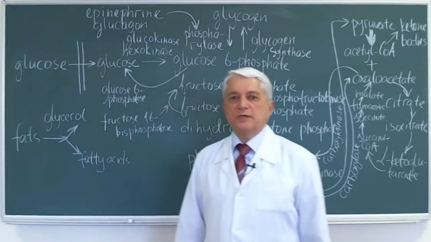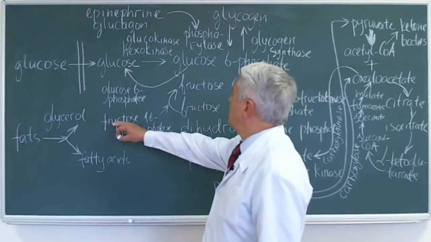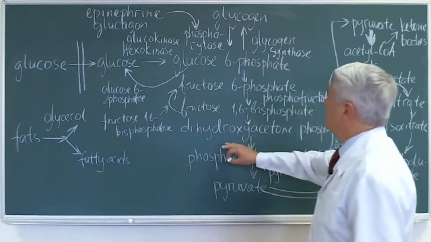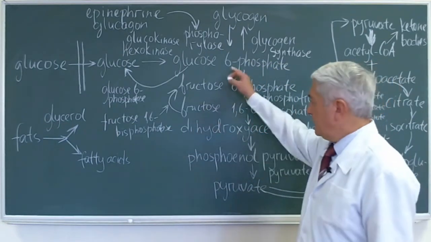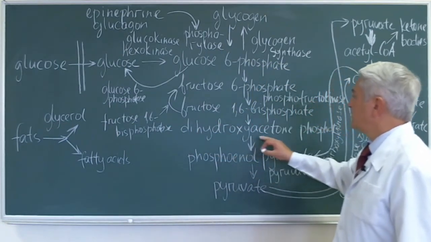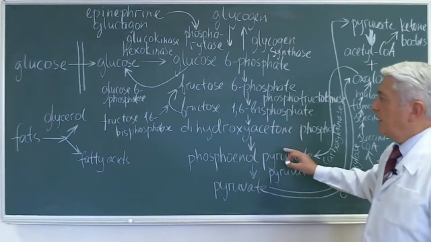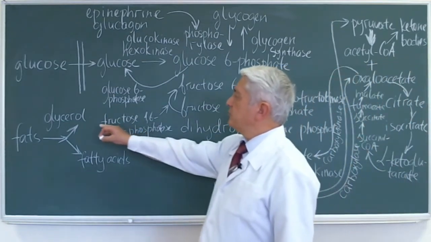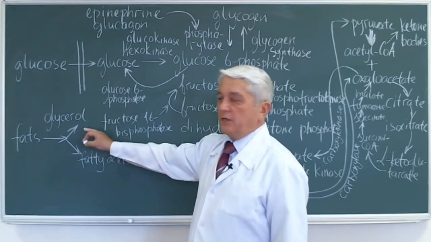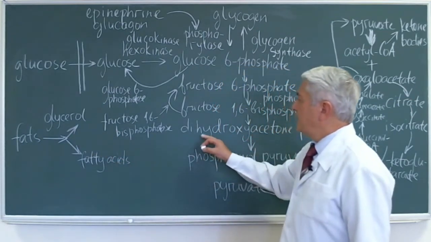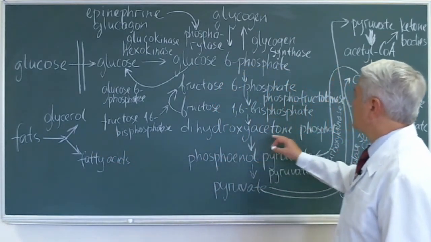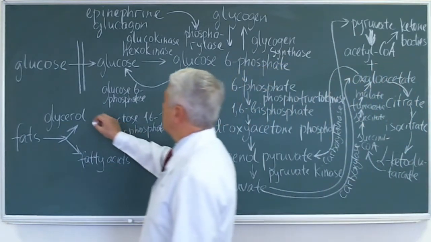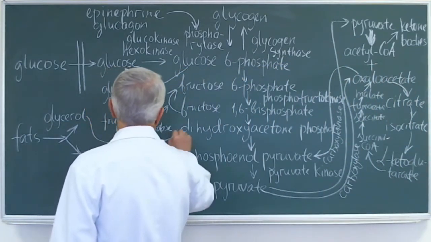What will happen with glycerol? We have here in glycolysis dihydroxyacetone phosphate, and after phosphorylation of glycerol it can be transformed directly to this dihydroxyacetone phosphate. So we can make such a simple arrow.